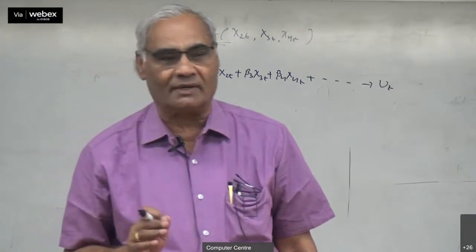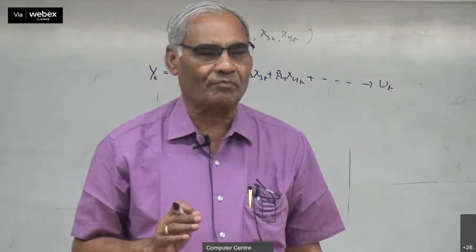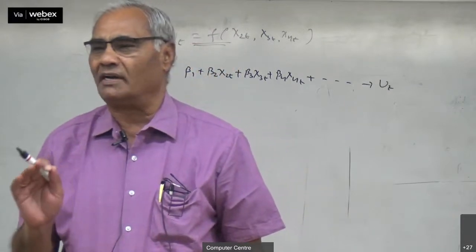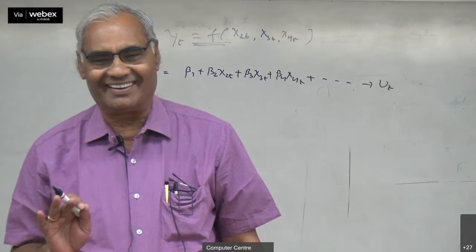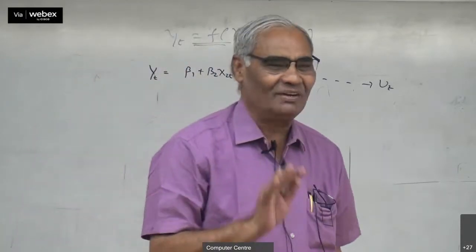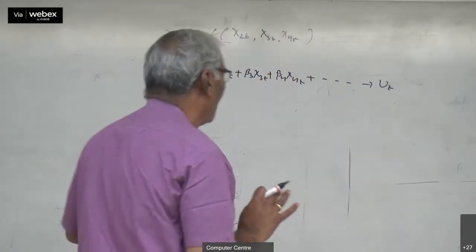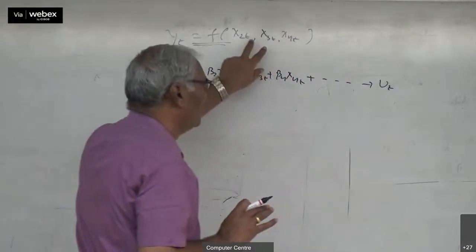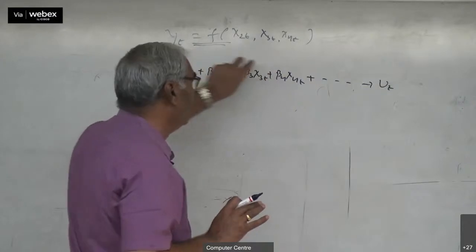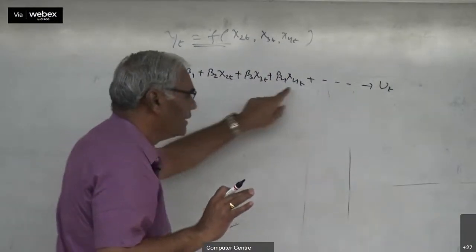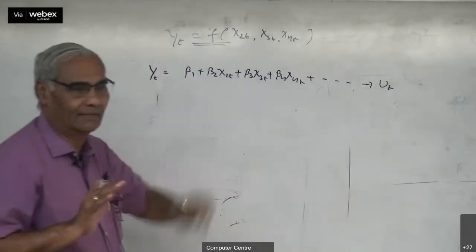And in economics, what is the meaning of linearity? In economics, linearity means constant returns to scale. So here we are assuming that the relationship between these independent variables and this dependent variable is linear one. And if it is linear one, then the model is written like this.